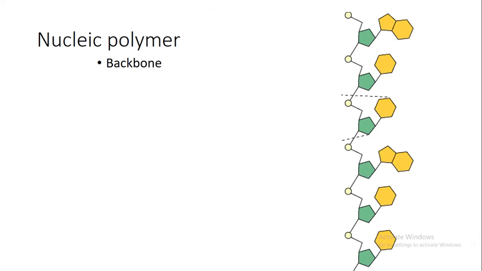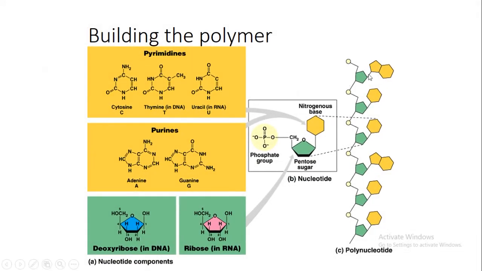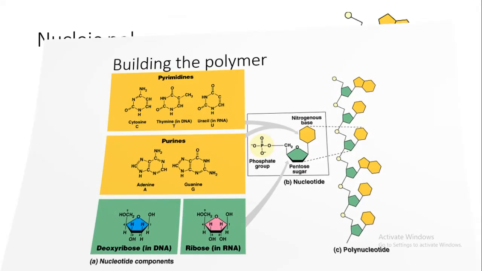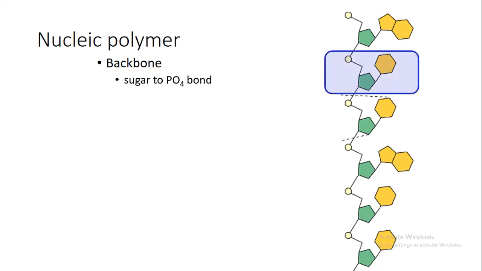All right. So what forms the backbone of this nucleic acid? That's the question we need to ask ourselves. The bond between the pentose sugar and the phosphate group makes the backbone of the nucleic acid.